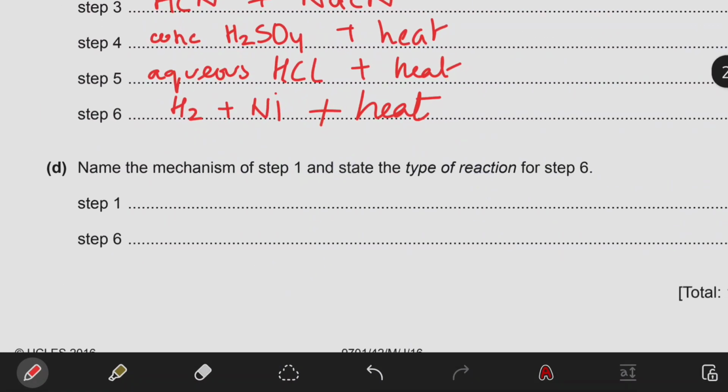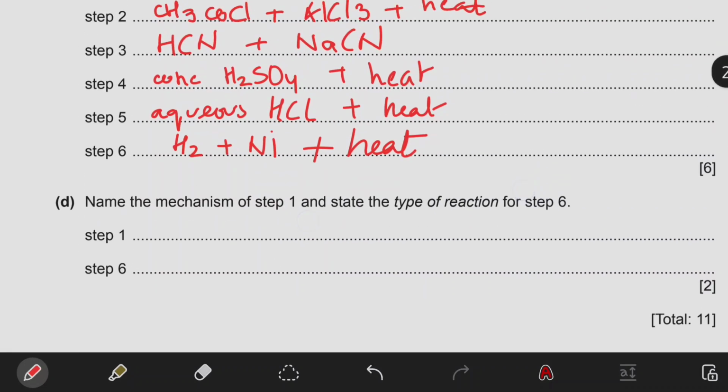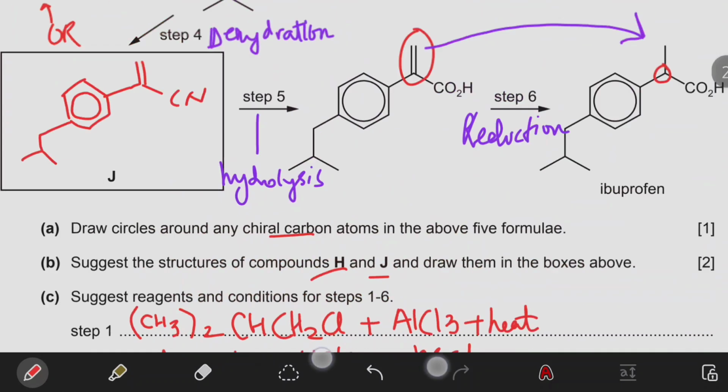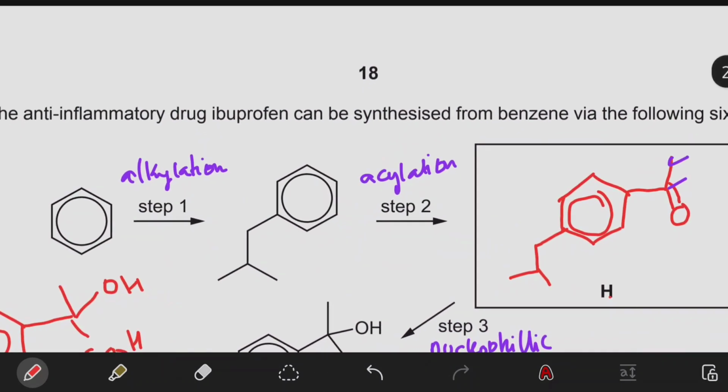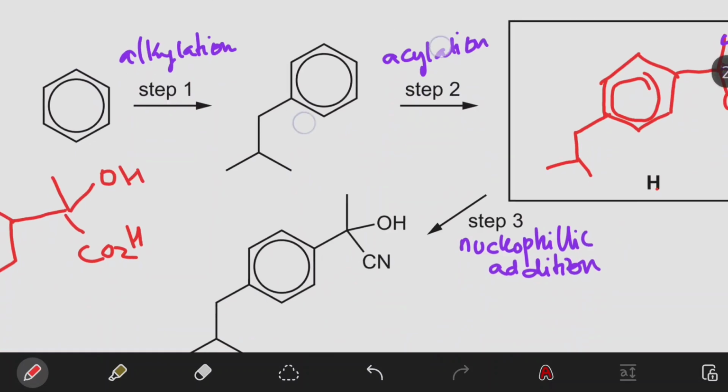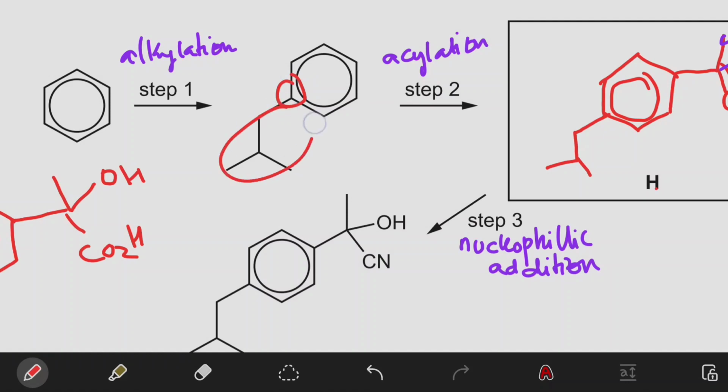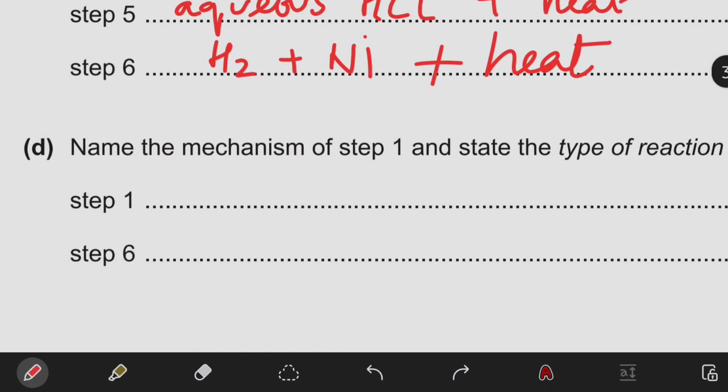That's it. Now part D, name the mechanism of step 1 and state the type of reaction for step 6. Okay, so the mechanism would be definitely electrophilic substitution, because in this we are using alkyl chain as an electrophile with a positive sign, and we are substituting a hydrogen of benzene with this alkyl chain, so that's why it's electrophilic substitution.